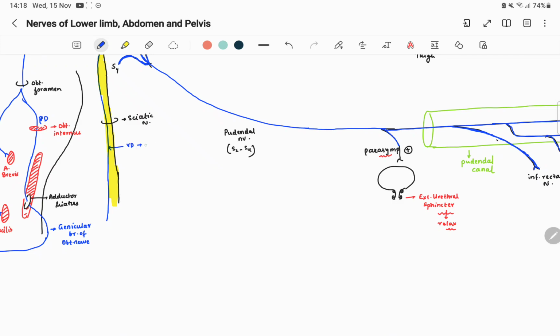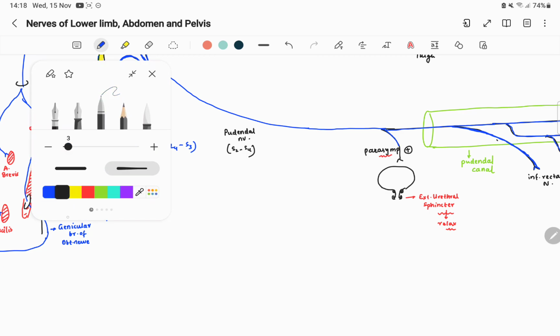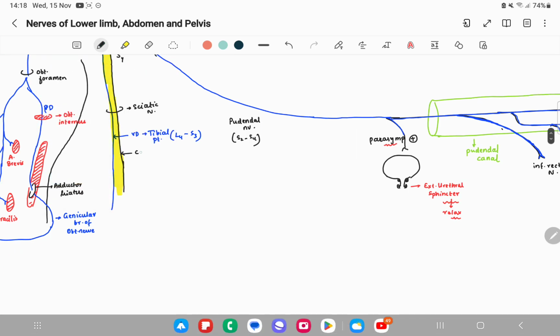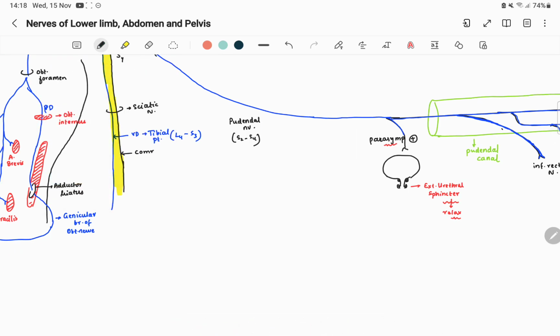It is called the tibial part. What is the root value of the tibial part? L4 to S3. And this black part of the sciatic nerve is the common peroneal part, which arises from L4 to S2.